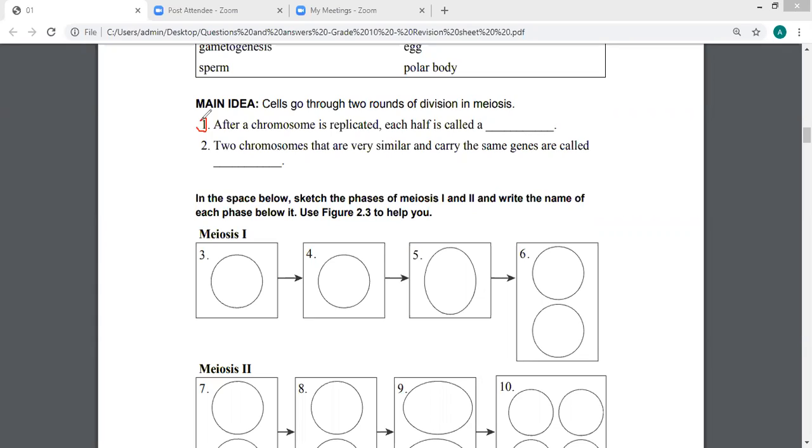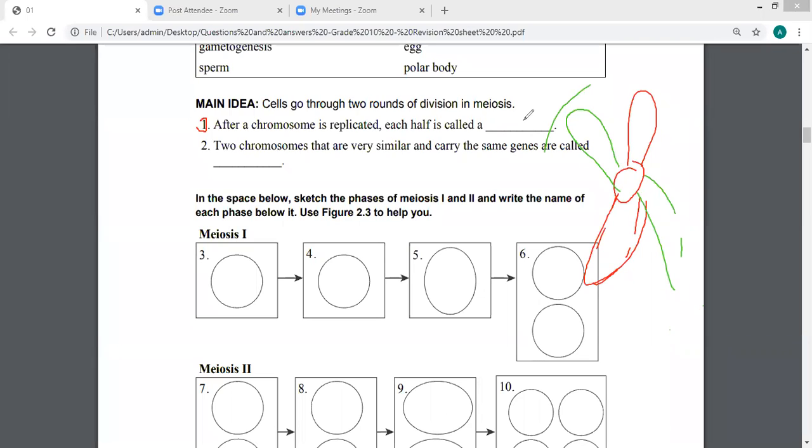After the duplication of a chromosome, firstly, you must know that before the duplication or before the division, when the cell is at rest, the shape of the chromosome just consists of one chromatid. As a result of the duplication, it will be two chromatids like this.